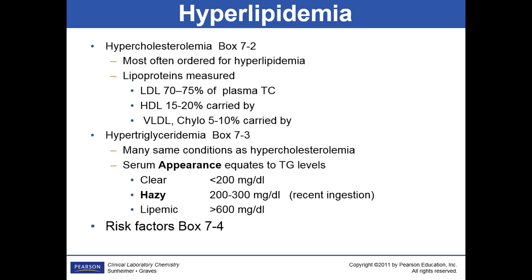And then lipemia. And these 3 components are called indices. And our chemistry analyzers, the larger ones, they actually do a spec view of the appearance of your serum, and then they grade it. Some of them actually give a number, some of them will say 1 plus 2 plus 3 plus, and give you that information as part of any test that's ran on it.